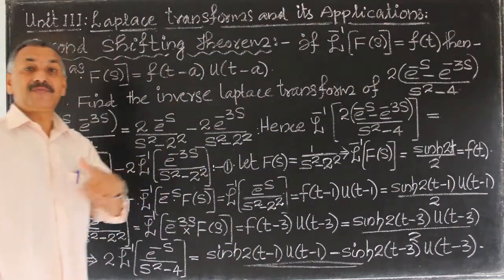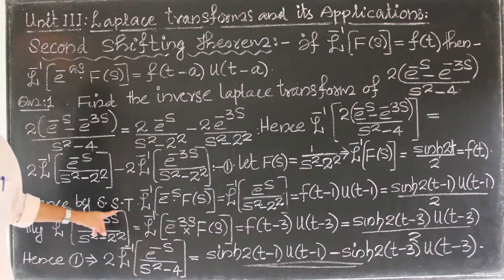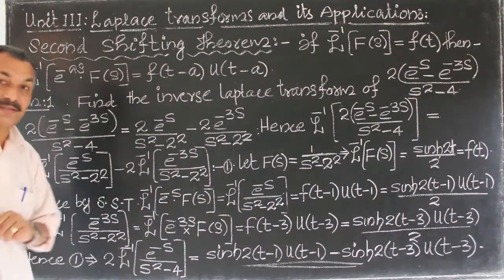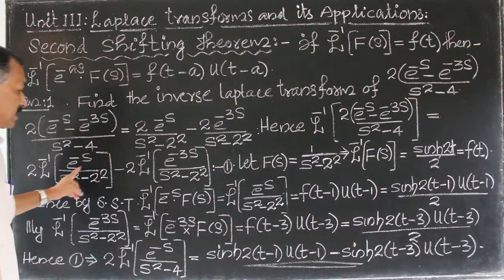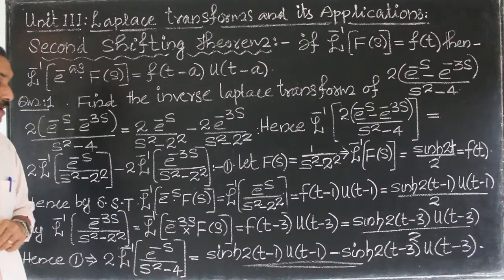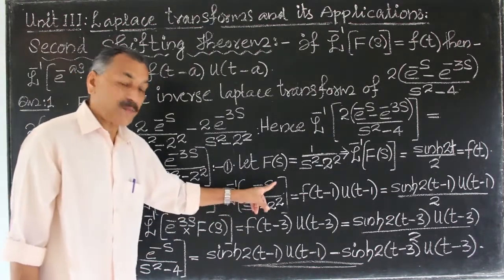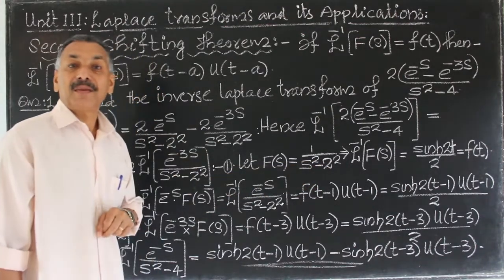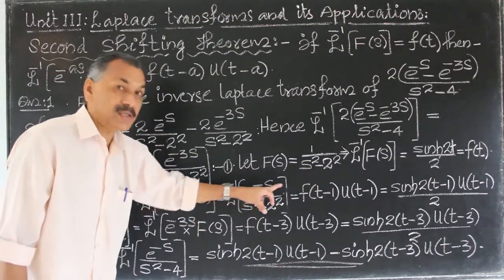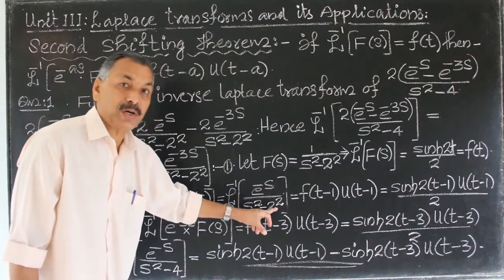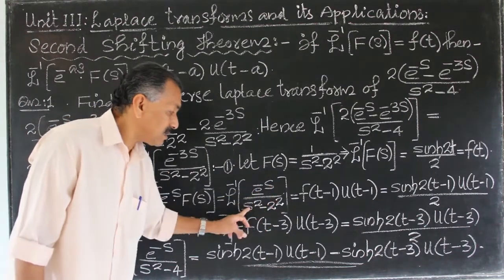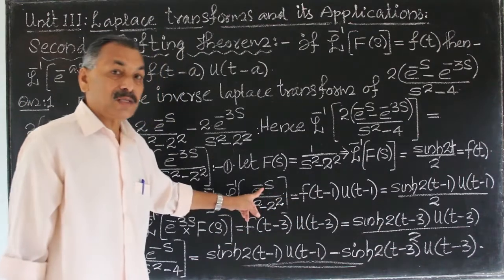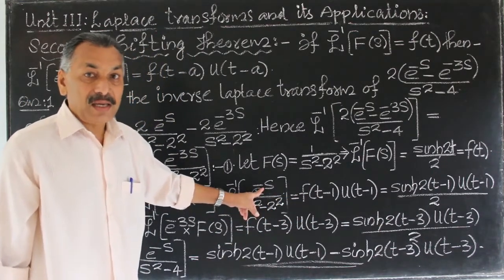Then by second shifting theorem, L inverse of e raised to minus as into F(s). Then L inverse of e raised to minus s into F(s), where F(s) is 1 divided by s square minus 2 square, or L inverse of e raised to minus s divided by s square minus 2 square equal to, here a is equal to 1.